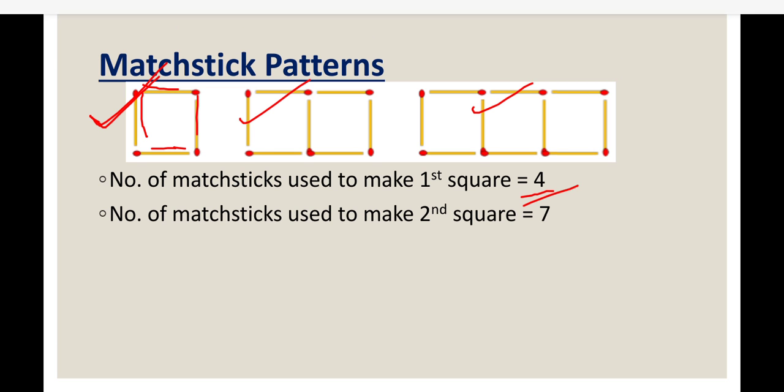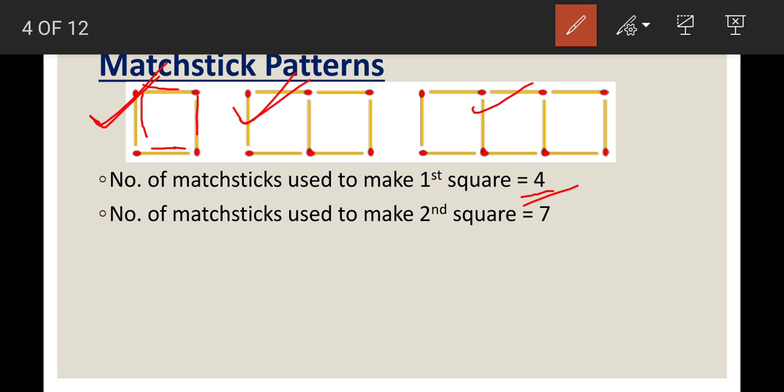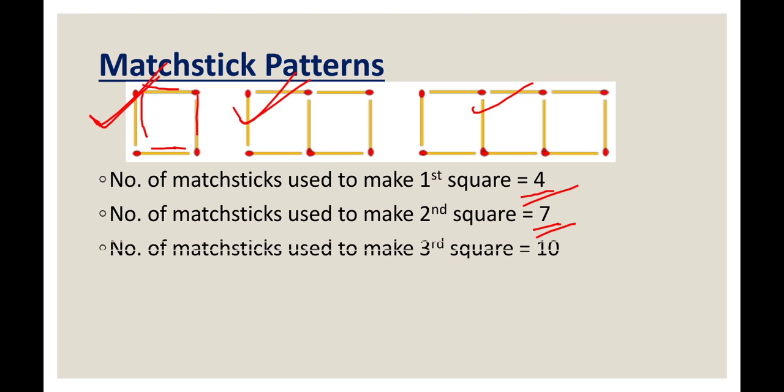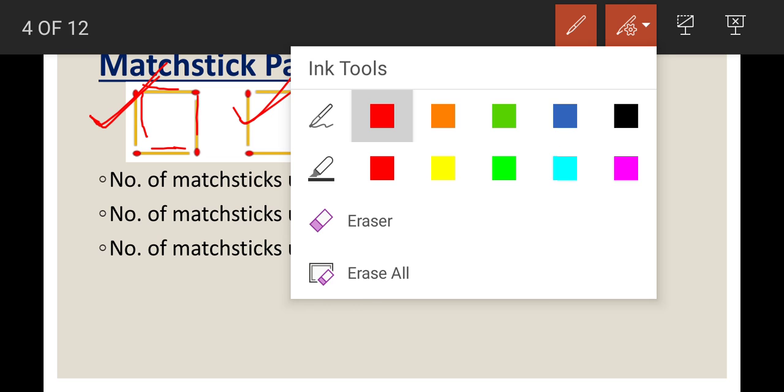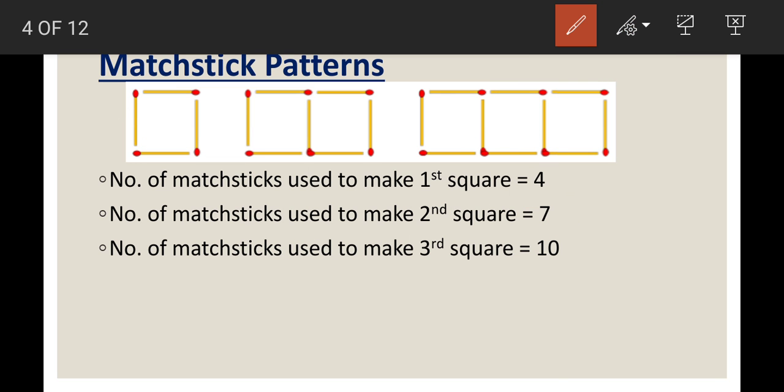In the second square, it is 4 plus 3, 7. Next, in the third square, first it is 4, then 3, 7 plus 3, 10. The number of matchsticks used in the third square is 10.